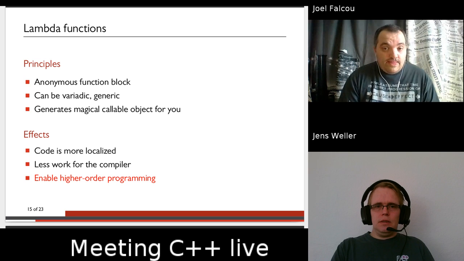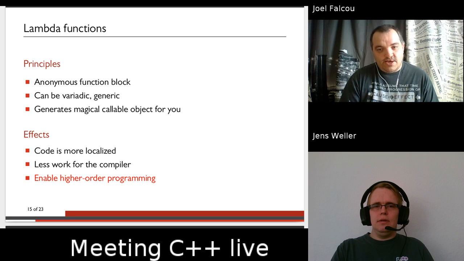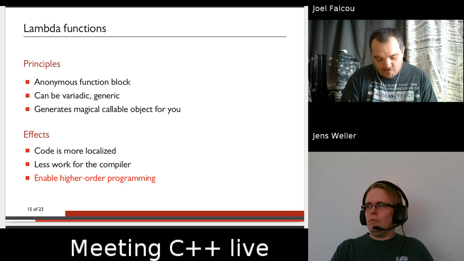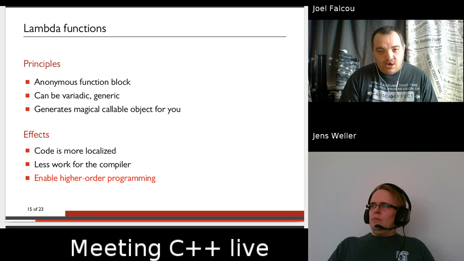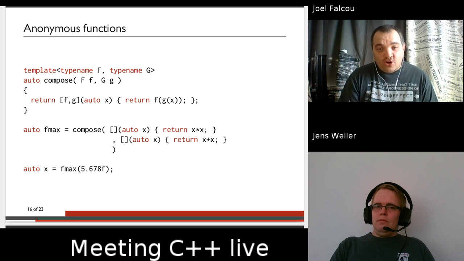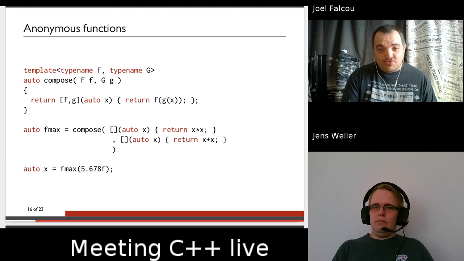And so the one thing you marked red on this slide is enable higher order programming. Yes. So higher order programming is the fact that you can write functions that can manipulate functions as parameters or as results.